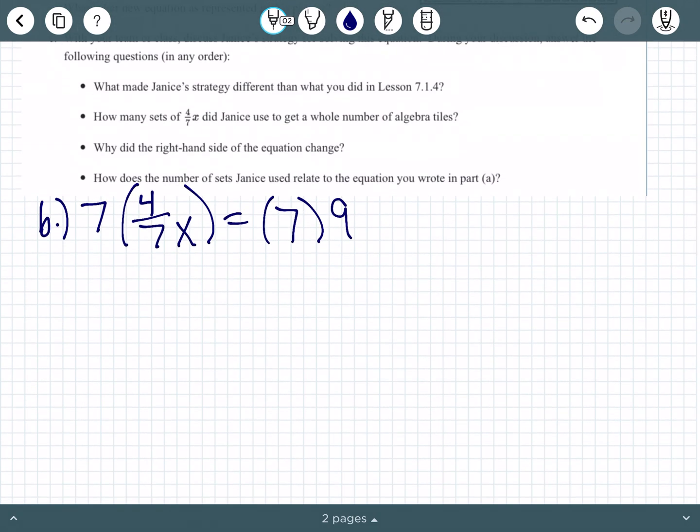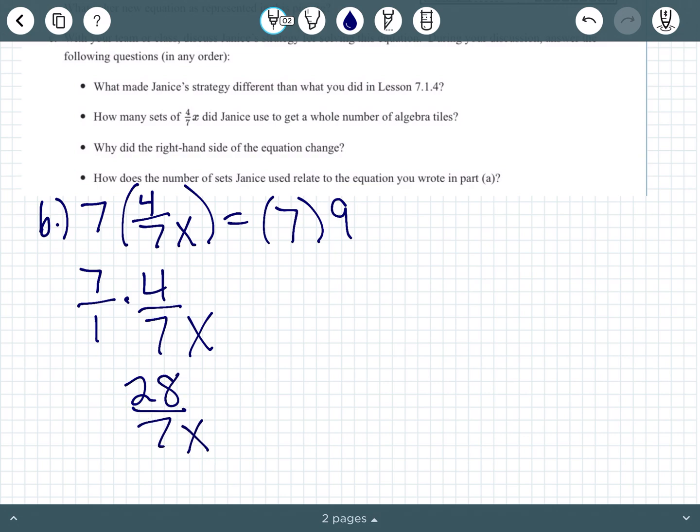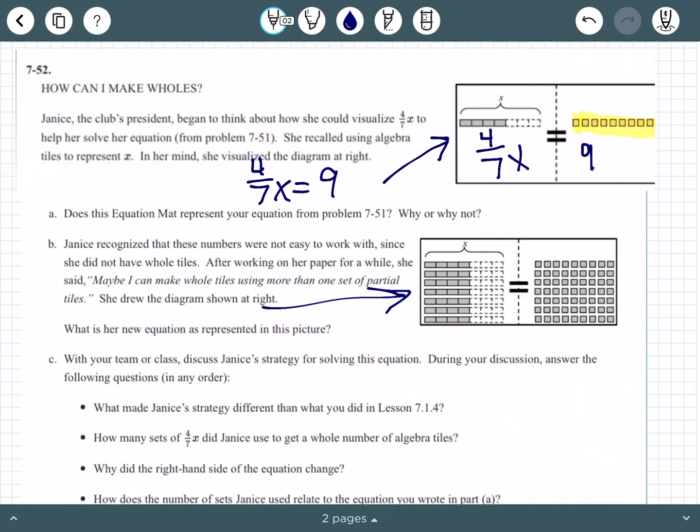So if I multiply 7 by 4/7 x, I would get 28/7 x. And if I multiply just my 7 and 9 on the right side, I would get 63.